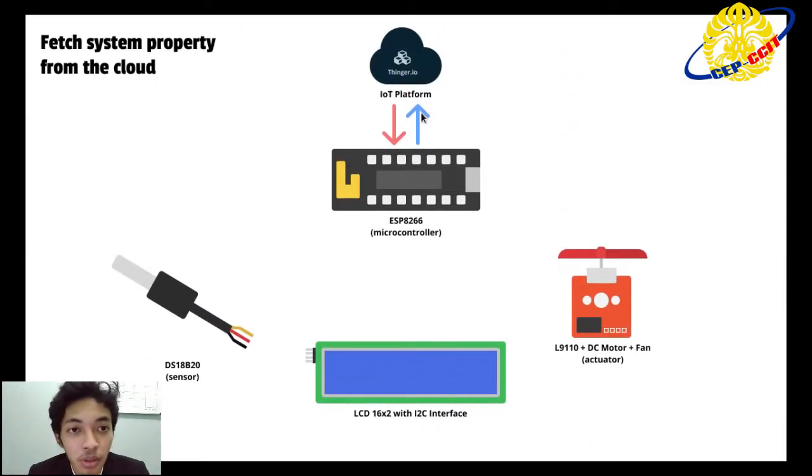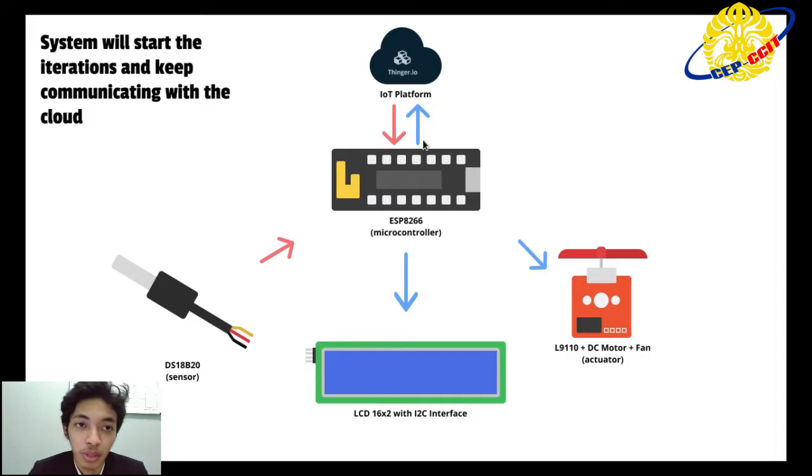If the connection is successful, it will first fetch the system properties from the cloud to the microcontroller. The data is like configuration and some properties that our system needs.